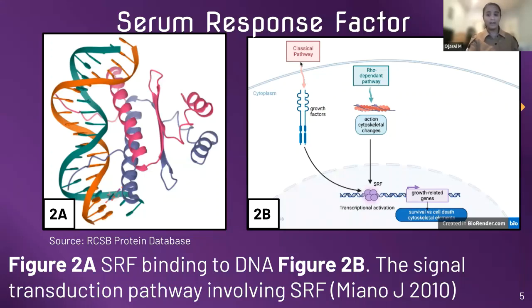The classic pathway involves stimulation with growth factors, and the Rho-dependent pathway involves changes in actin. These two pathways cause the activation of SRF, which results in transcriptional activation of growth-related genes, which impacts cell survival versus cell death, and also cytoskeletal elements like actin, which have to do with cell migration.